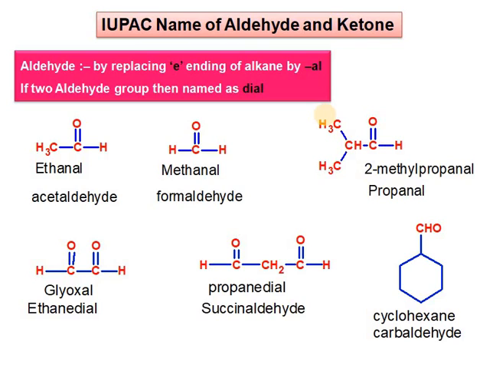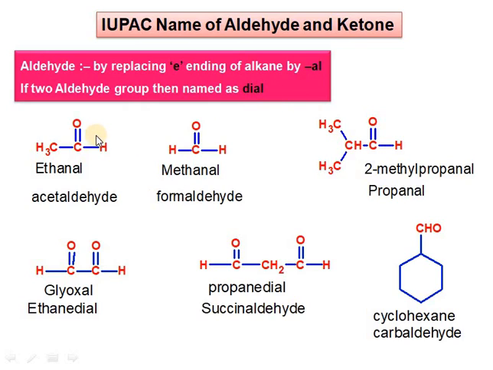Ketones also contain the carbonyl carbon but have two alkyl groups. In aldehydes, the IUPAC name is given the same way as in alkanes, by replacing the E of the alkane by AL. If two aldehyde groups are present in the molecule, it can be named as dial, trial, and so on.